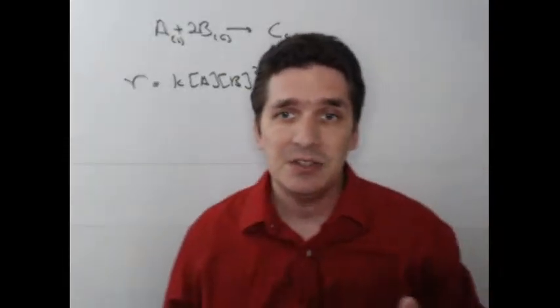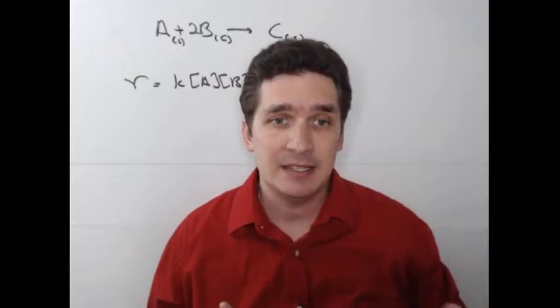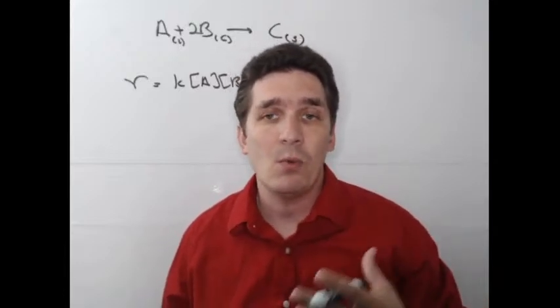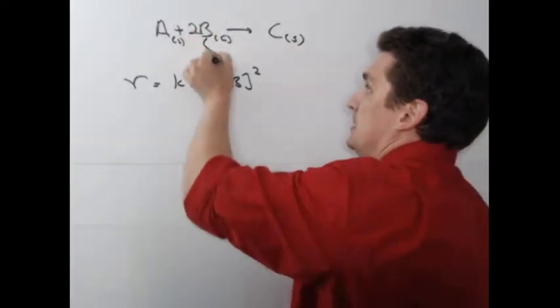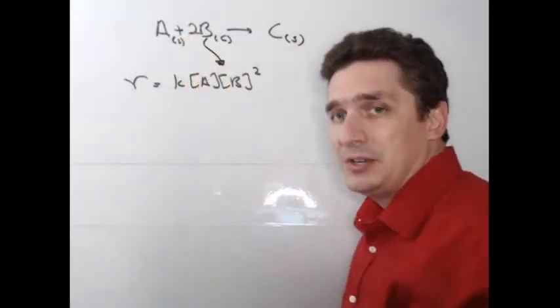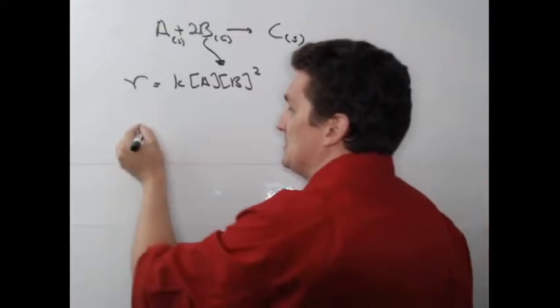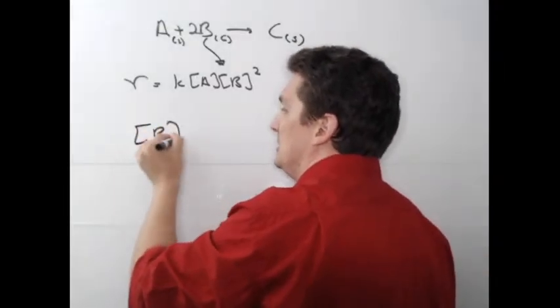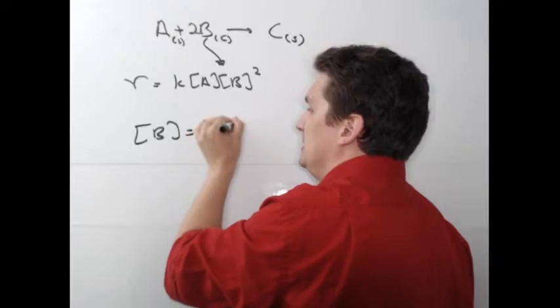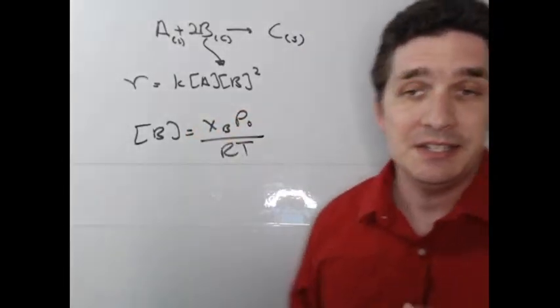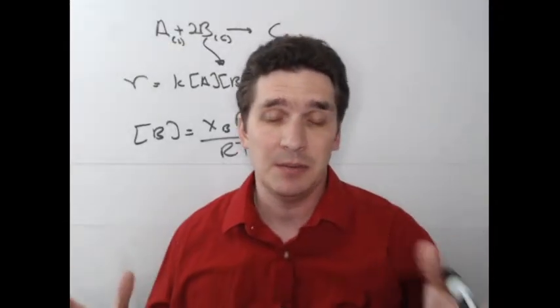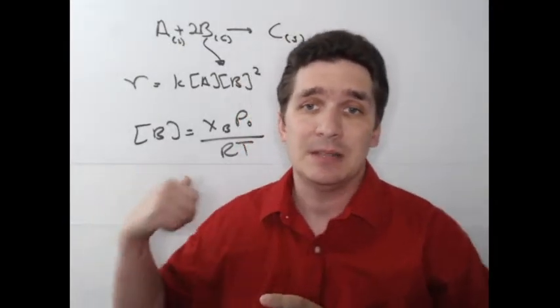Now, the ideal gas law can only be applied to gases, as the name implies. So when we want to figure out the pressure dependence, we can only focus on the components that are gases. So to figure out the pressure dependence the long way, we use the substitution that the concentration of B is the mole fraction of B times the pressure over RT. And this is just the ideal gas law combined with Dalton's law to give us the substitution.